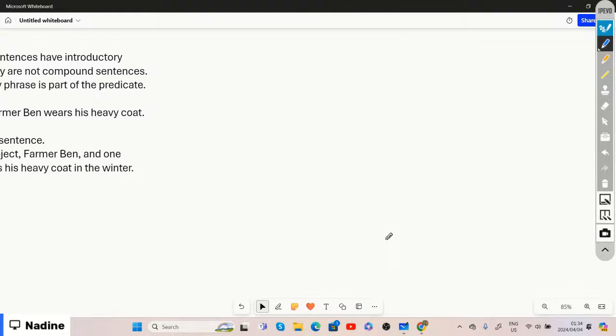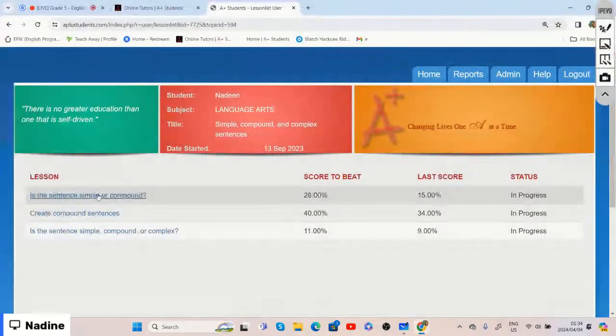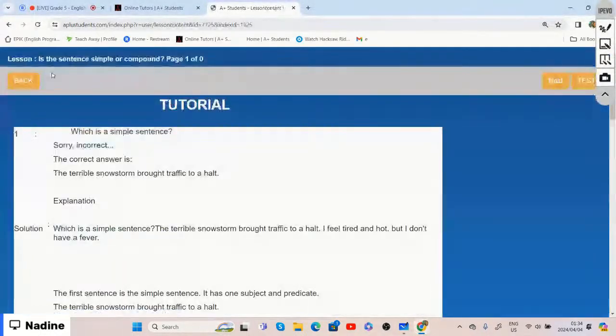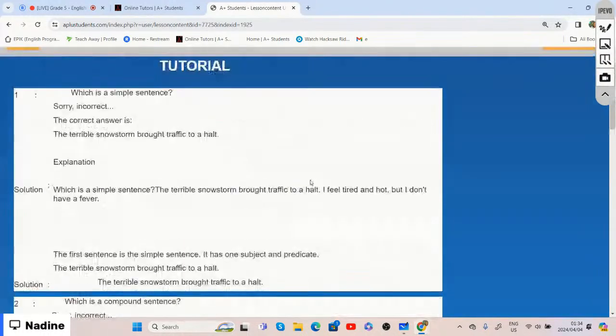Okay, let us go to our test on is the sentence simple or compound? Remember we said a simple sentence has only one subject as well as a predicate, and a compound sentence has two simple sentences that are joined by a comma as well as a coordinating conjunction.